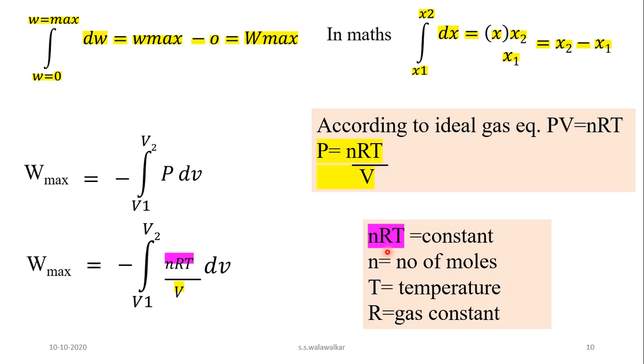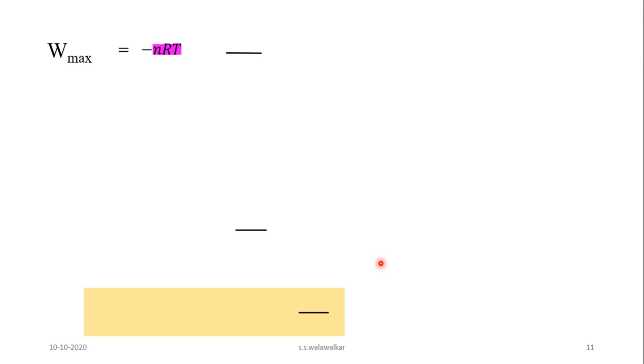So all these terms, that is number of moles, temperature and gas constant, are constant. So taking these out of the integration, we get w max is equal to minus nRT integration of dV by V between limits V1 to V2.